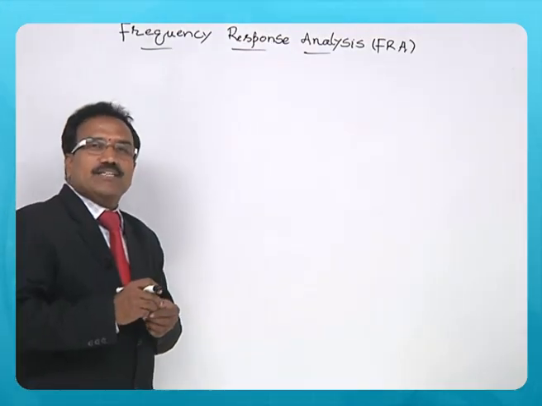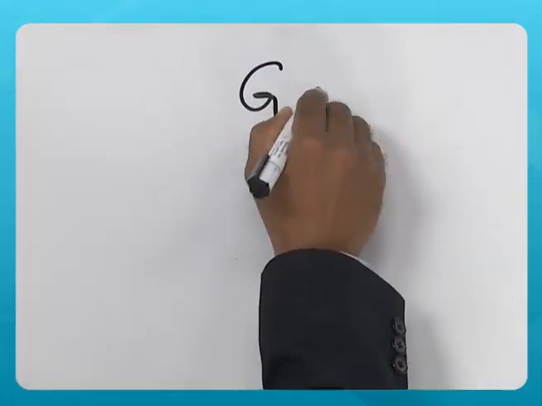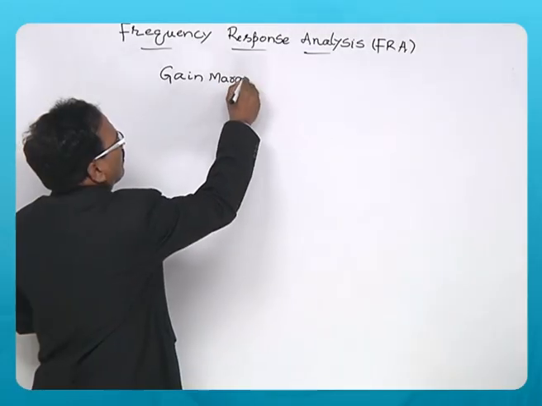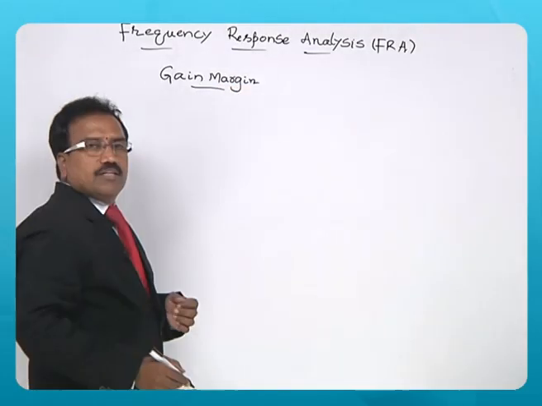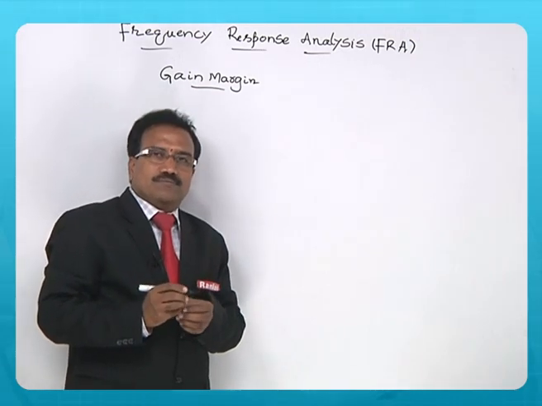The next parameter in frequency domain specifications is gain margin. The name itself makes it very clear what the margin is.